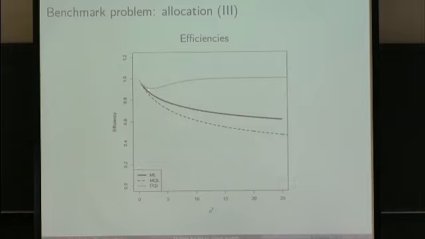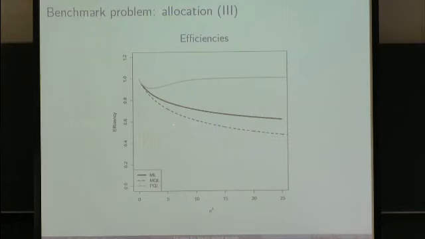Then it hits a minimum around here and starts increasing back up to 1. So for moderately large values of sigma squared, PQL is insensitive to the choice of allocation. You can show analytically that that's always going to be the case as sigma squared tends to infinity, but here we've actually observed it for some realistic values of sigma squared.